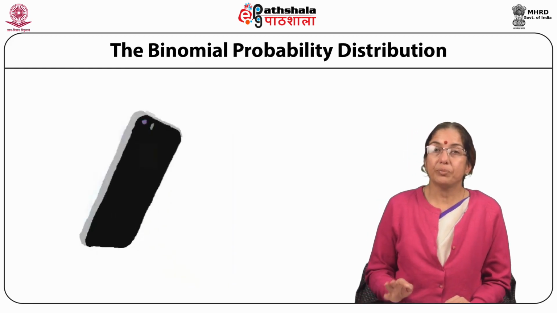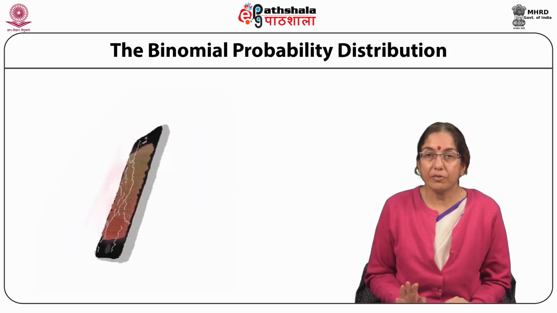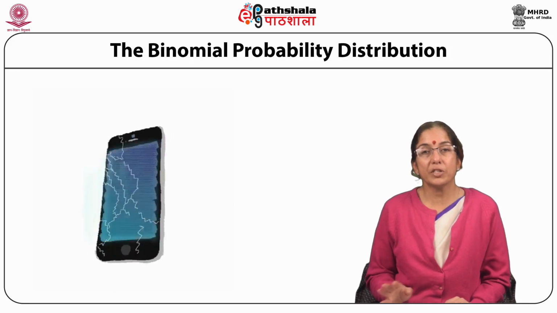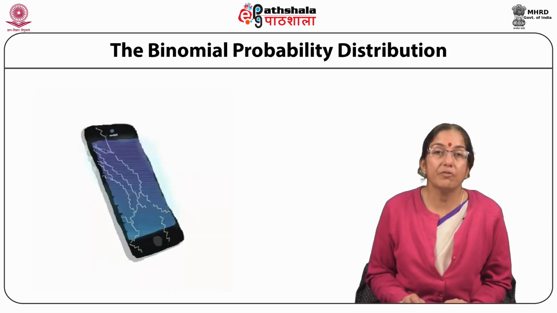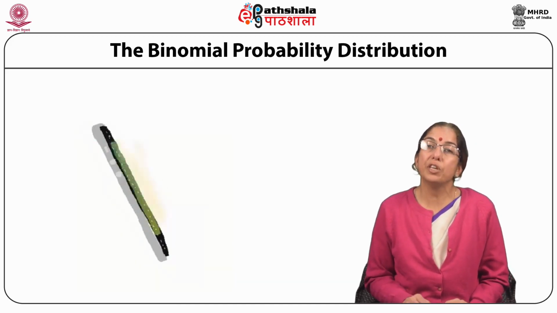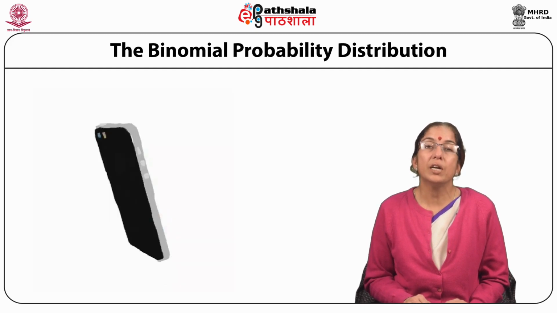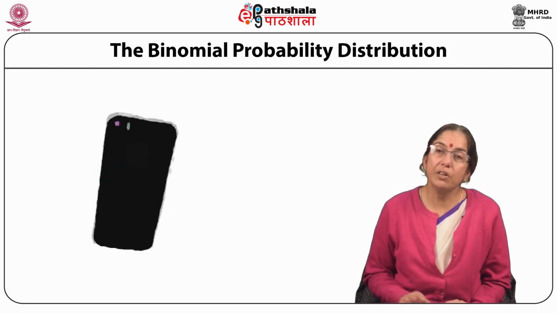For example, given the probability is 0.5 that a mobile manufactured at a firm is defective, we may be interested in finding the probability that in a random sample of 3 mobiles manufactured at this firm, exactly one will be defective.